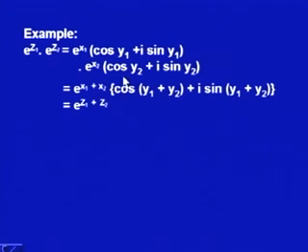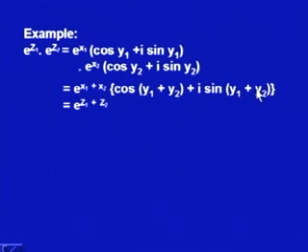If I multiply these two terms, e^(x1) into e^(x2) is common, and this is multiplied by this, and cos y1 cos y2 minus sin y1 sin y2 is the real part, and this is nothing but cos(y1 + y2), plus i times, if I collect the imaginary parts in the product, sin y1 into cos y2 and cos y1 into sin y2. This is nothing but sin(y1 + y2).